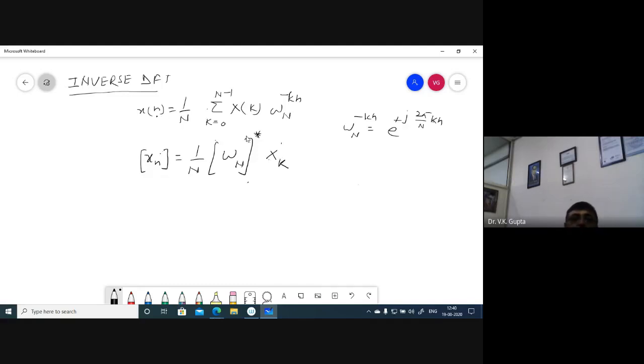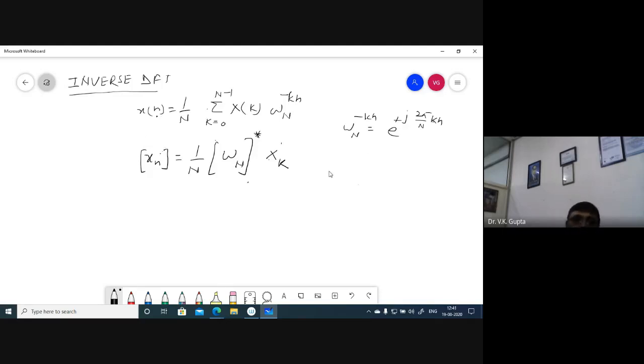This is the linear transformation matrix we have solved in the previous slide. Just conjugate this linear transformation matrix, take 1 upon N and put X[k] here. We can calculate the value of x[n] by this formula.